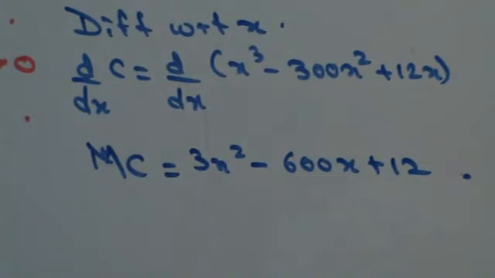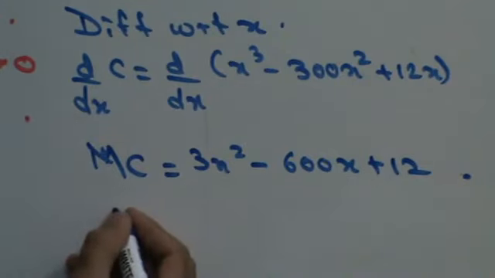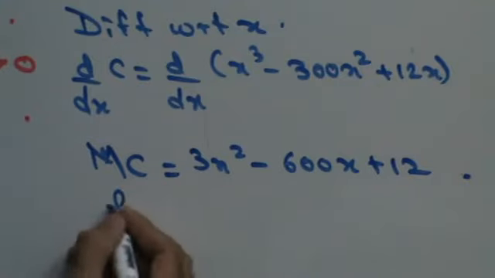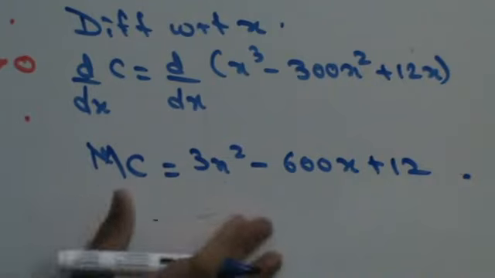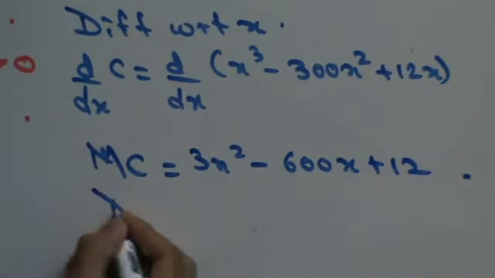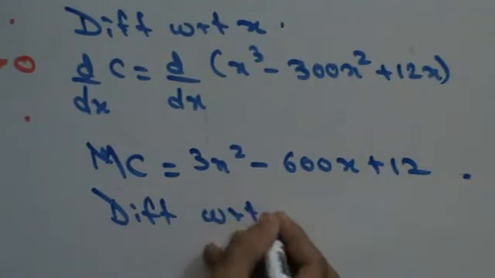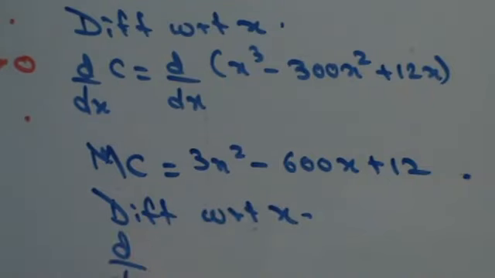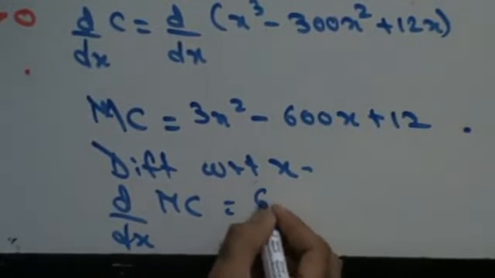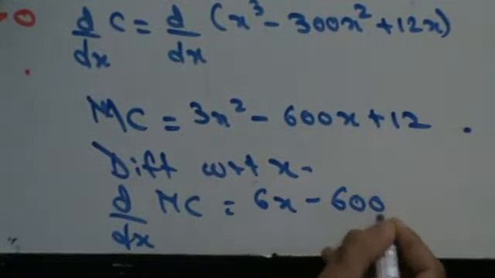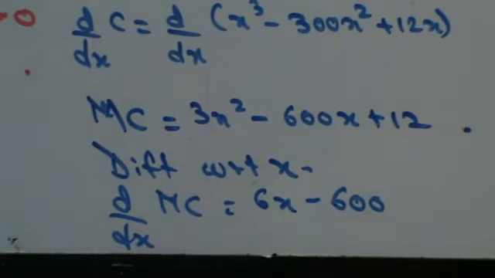But they have said that you want the marginal cost to decrease, right? I have found marginal cost. I want it to decrease. So I'll differentiate this again. If I differentiate this again, d by dx of marginal cost is nothing but 6x minus 600, right?